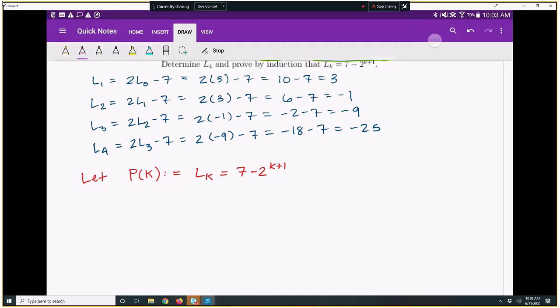Then I want to start by investigating the proposition evaluated at 1. So I'm going to use LHS for left-hand side.